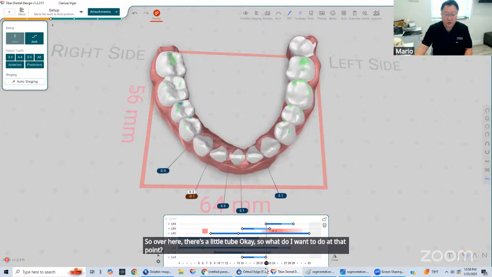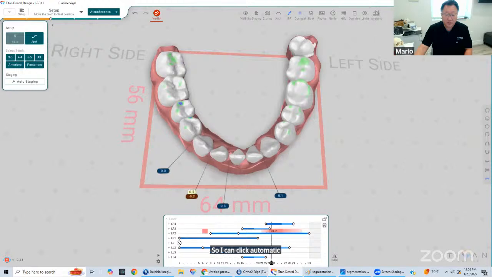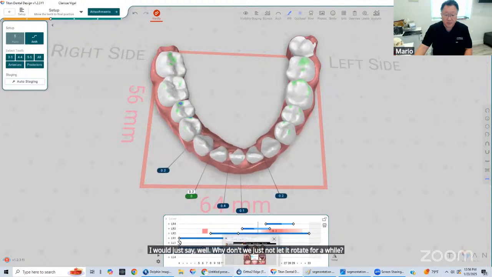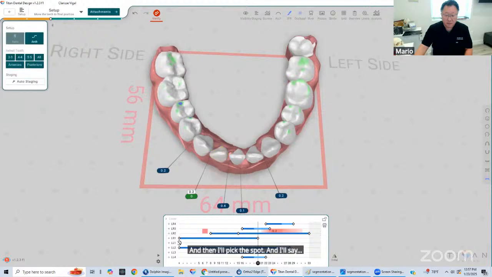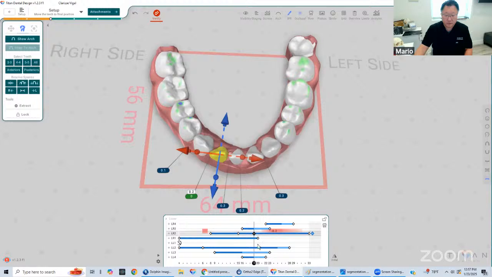So I can click automatic, or sometimes I don't even click automatic. I would just say, why don't I just not let it rotate for a while? So I would pick a spot, let's say here, okay? And then I would pick a spot and do this again.